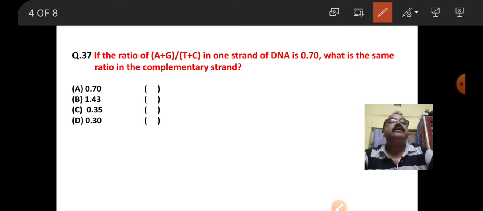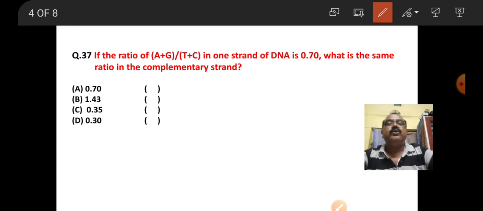Here, the complementary strand should contain bases which are reverse, that is T plus C to that of A plus G, and it is the reverse of the ratio of the first strand, that is 1 by 0.7.